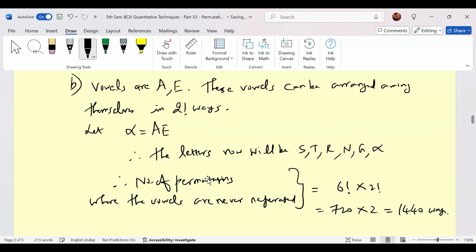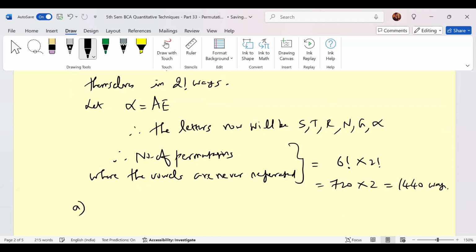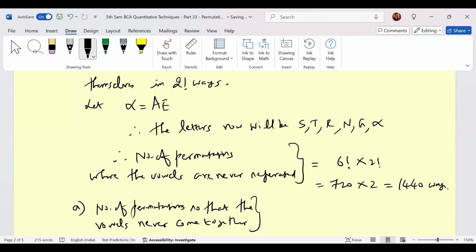Now we can do part A, number of permutations so that the vowels never come together. Will be the total permutations without any conditions.